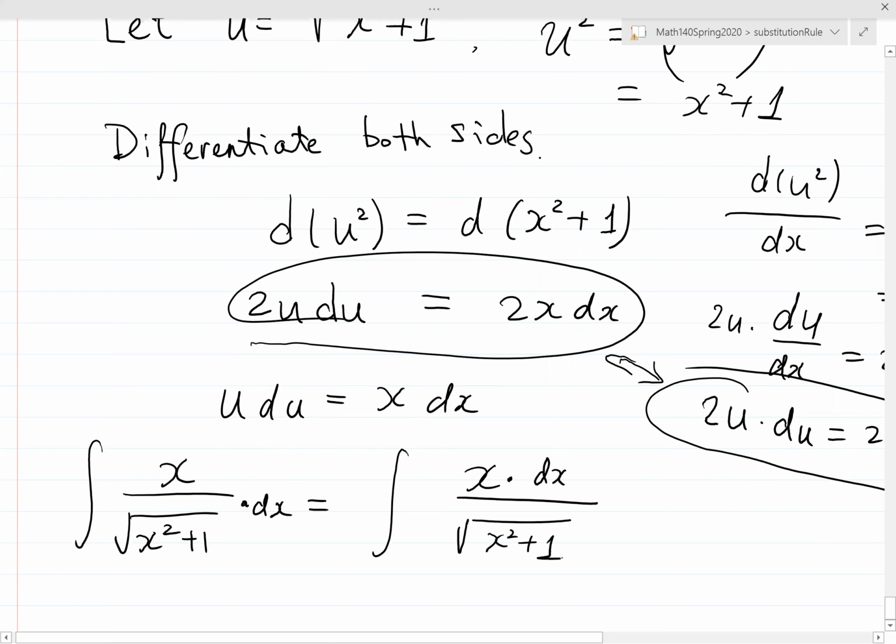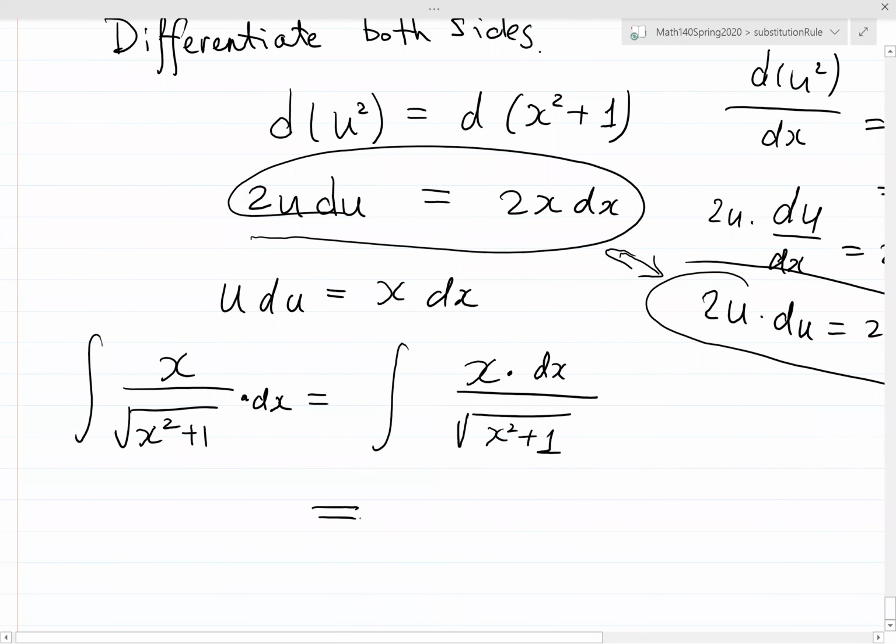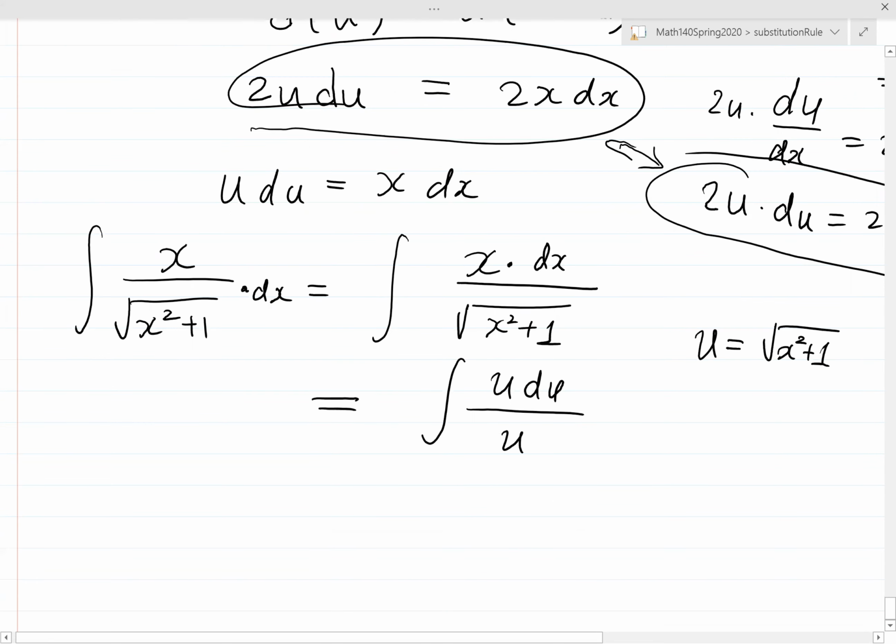Then we can apply the substitution rule. We already know x dx is u du. According to our substitution, the square root of x squared plus 1 is u, which is the denominator. Then u cancels u, so this is 1, and 1 times du is just du.